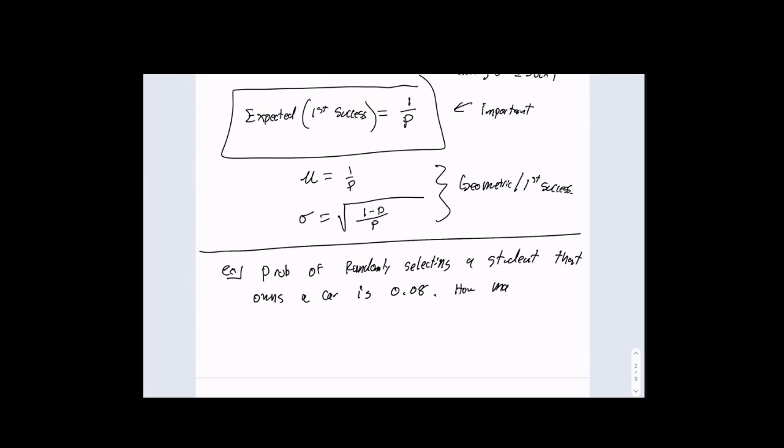How many students would I expect to select before finding the first student with a car?